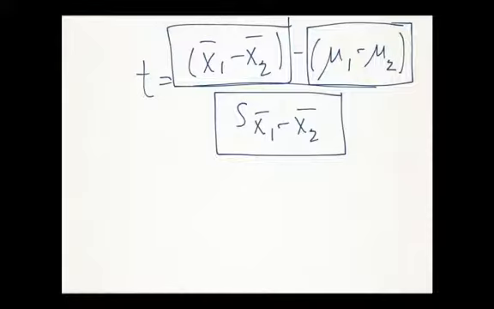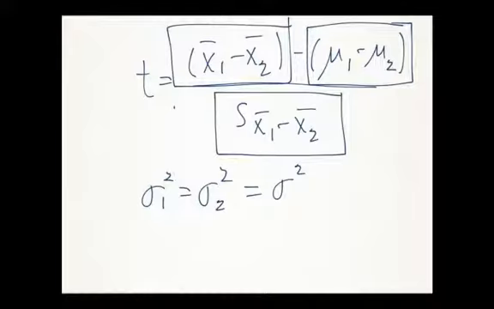So sometimes we're going to assume that the variance in the two groups is equal. Okay, so we would write that as follows, that sigma 1 squared equals sigma 2 squared, and since they're equal, I don't need those subscripts, I can just write they're equal to sigma squared. Okay, so this is an assumption about the population variance.